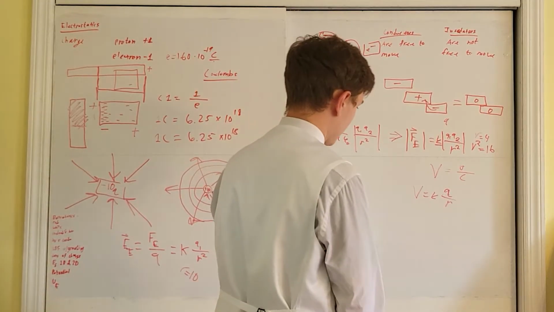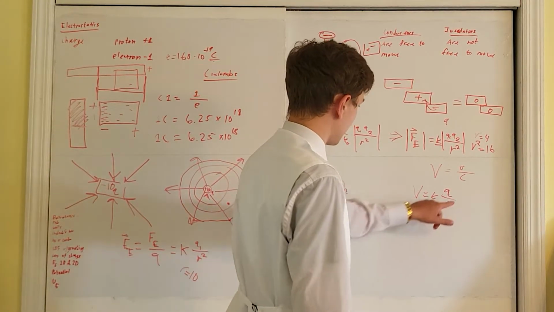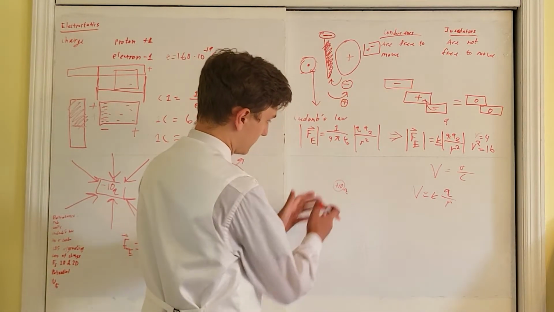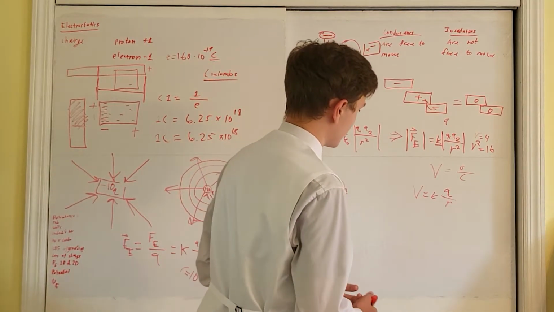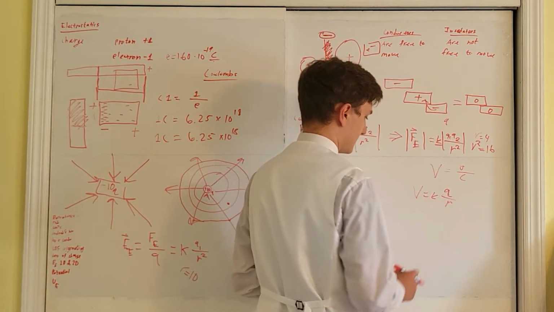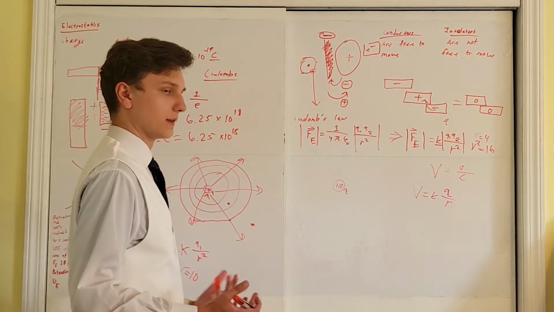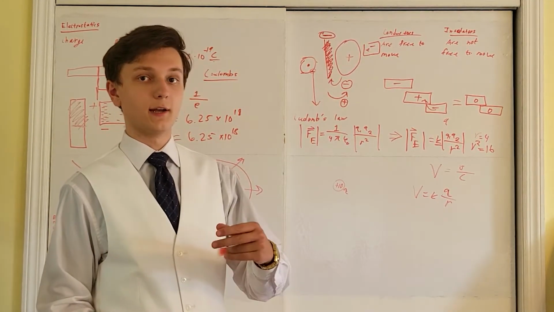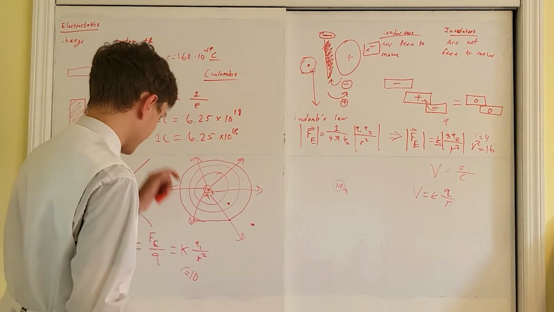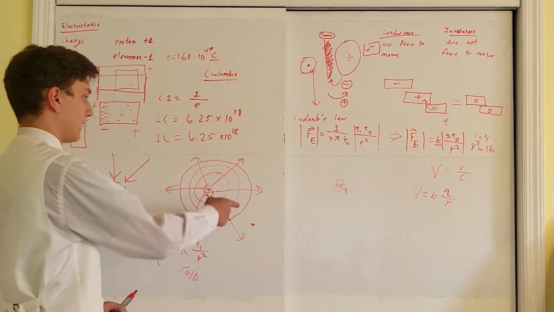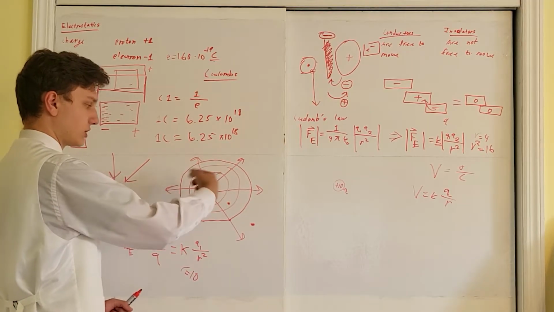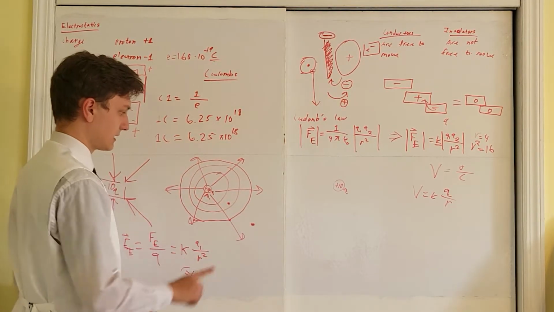Your electric potential is, again, given by your constant times your charge Q, which will be your central charge that you are dealing with, divided by the distance from that central charge. Okay? Again, potential is evaluated at a particular point. And like electric field, electric potential has isolines, lines at which the electric potential are always constant.